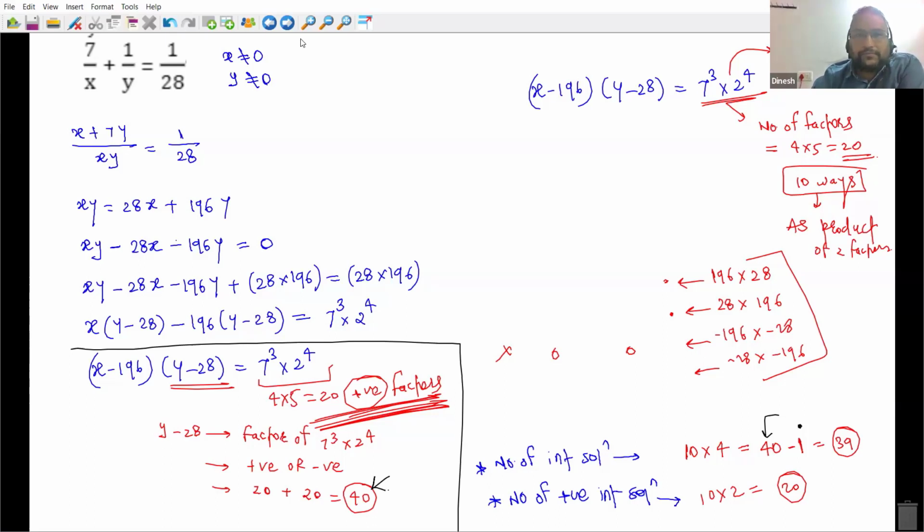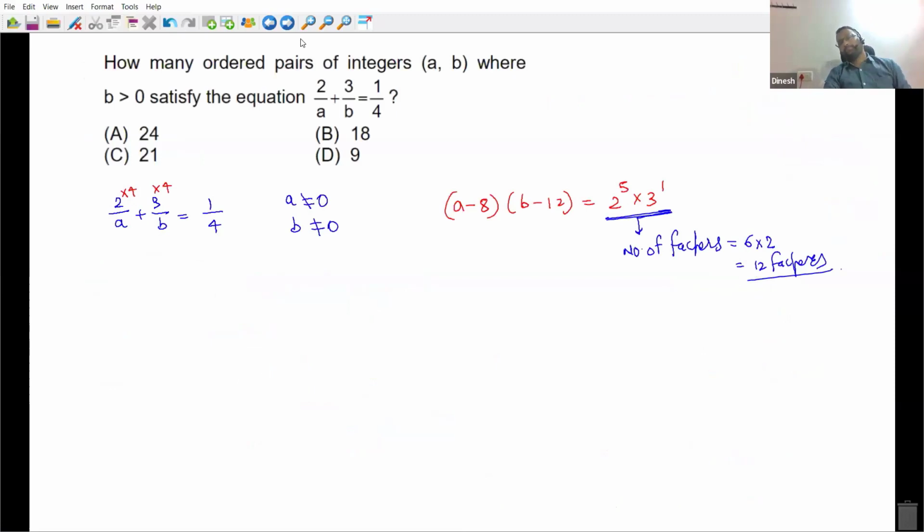Let's have a look at it. Okay. So over here, we know that b minus 12 is a factor of 2 to the power 5 into 3 to the power 1.